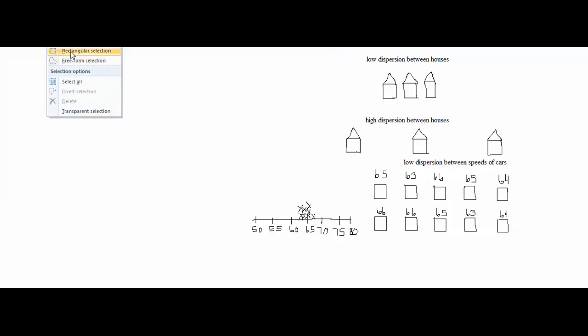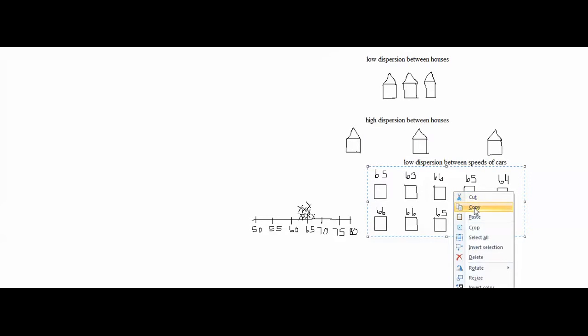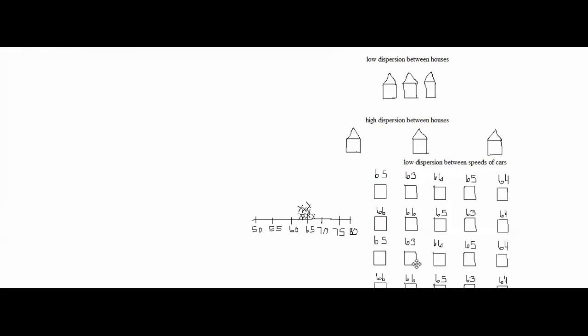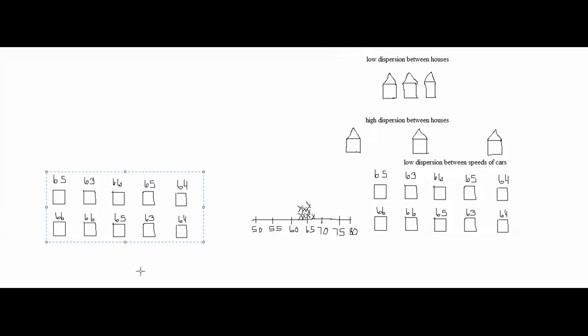Now let's look at another example. Maybe I'll put it over here. What if instead of these speeds, what if we had one car going 80 and another car going maybe 55?